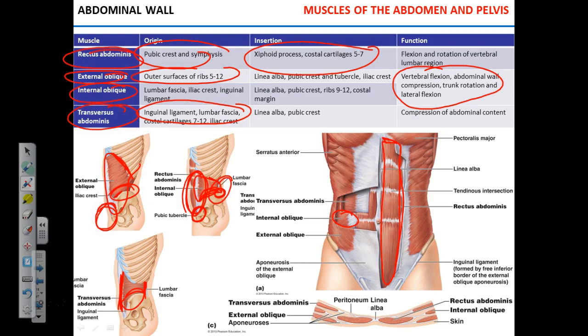Now, a little bit more about organization. I want to go over it again with you. Layer by layer, the outermost layer of the abdominal muscles is comprised by the external obliques and the aponeurosis that we call rectus sheath. On this image here, you can see external oblique being the superficial muscles of the abdominal wall.